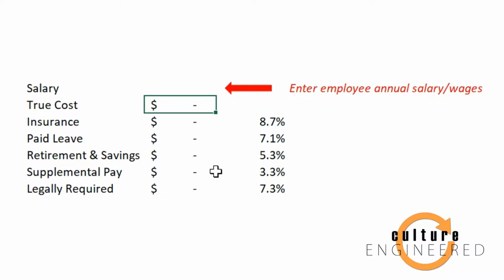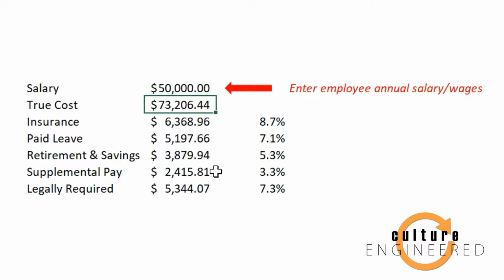So let's say that the average salary within our organization is $50,000. Enter $50,000 here, and then it fills in all the different amounts that you can expect to pay for the various benefits. The true cost of an employee making $50,000, using averages, is $73,206.44, because on average, salary and wages is only about 68.3% of the cost of labor for that employee.